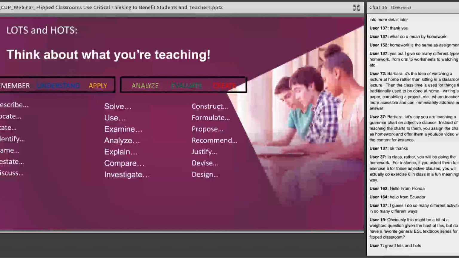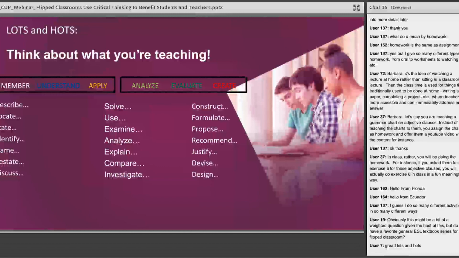I want to have them analyze what was good or bad about the strategy. I might have them compare the strategy to different advertisements they've seen. And lastly, I'd have them create their own product and write a marketing plan, making sure that I incorporate those higher order thinking skills that really promote critical thinking in the classroom, all the while still teaching English.